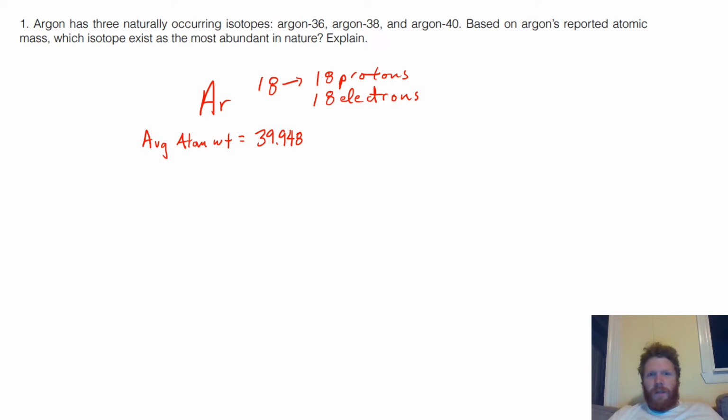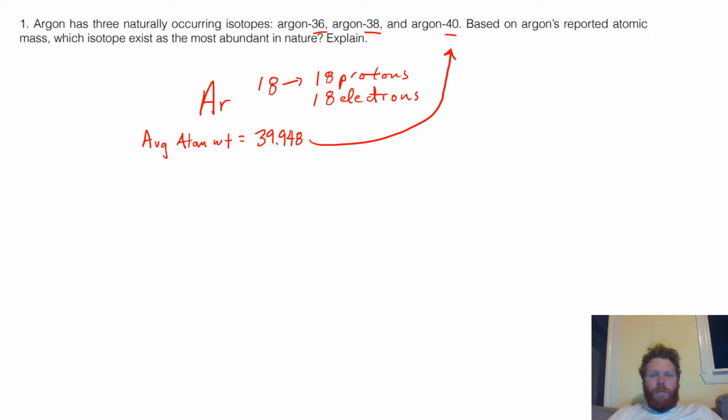So based on the abundance of all these different isotopes, 36, 38, and 40, which isotope exists as the most abundant in nature? Well, the answer to that can simply be found by comparing these 3 different numbers, the 36, 38, and 40. What you need to do is simply see that 39.948 is closest to 40.